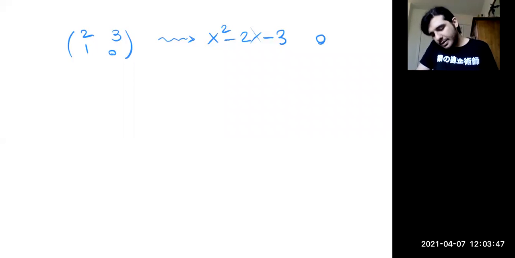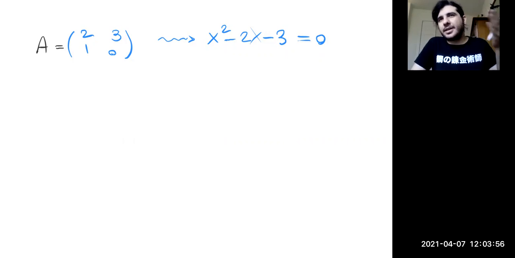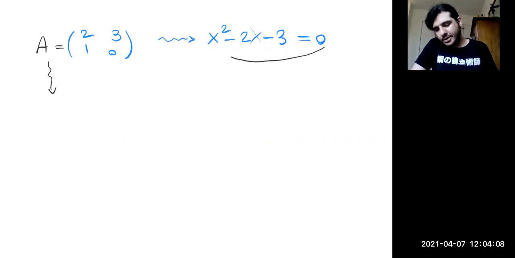Well, the point is that if I look at this matrix A and want to find its eigenvalues, it's very easy here because this minimal polynomial is the same as the characteristic polynomial. If we try to find the eigenvalues, I should exactly solve this equation, right?